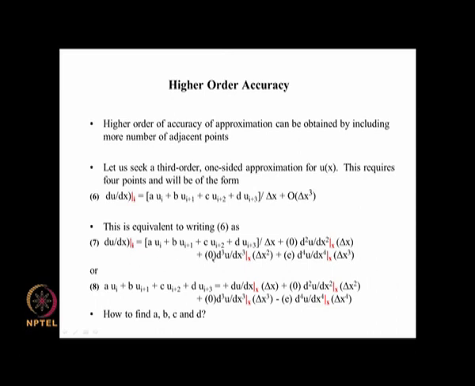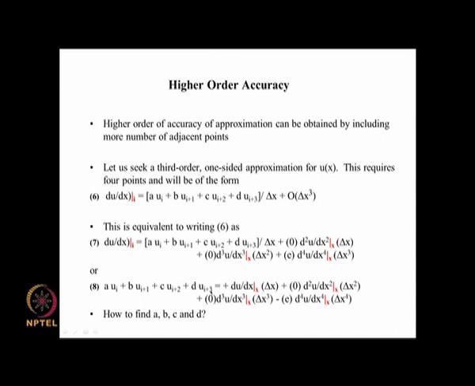Okay. So, now we can rewrite this as we bring this onto this side, a ui plus b ui plus 1 and all these things equal to du by dx minus 0 times this, minus 0 times this, minus 0 times this. Okay. So, writing this is okay, but how do we find the values of a, b, c, d?